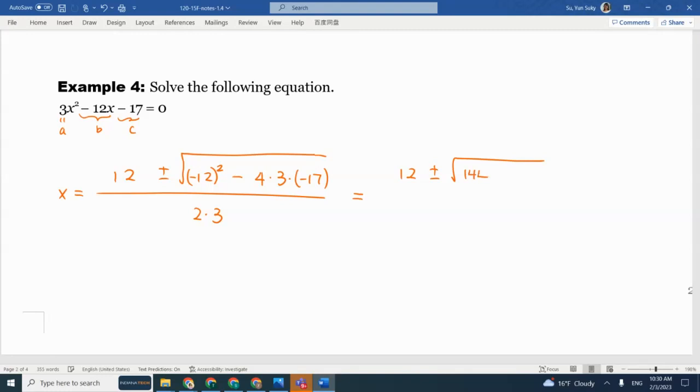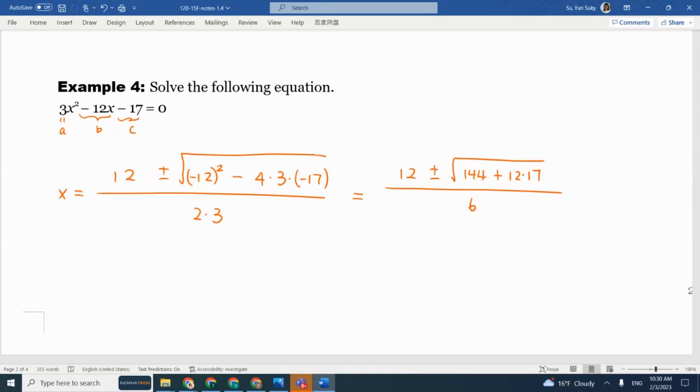Yes, 144. And then minus becomes positive. Okay, 4 times 3 is 12 times 17, yes? All over 2 times 3 is 6. Right, everybody?